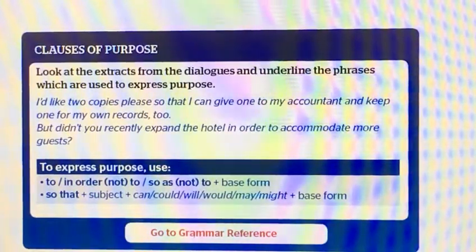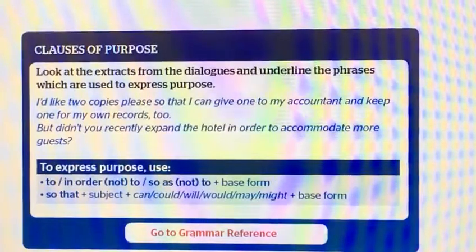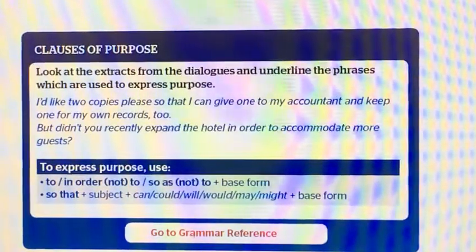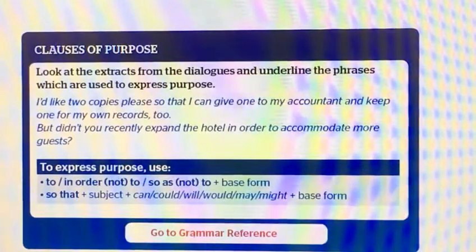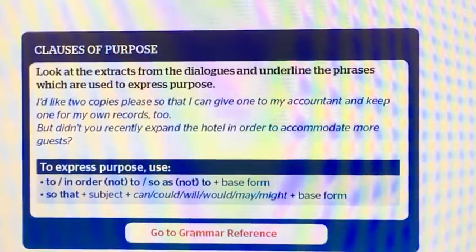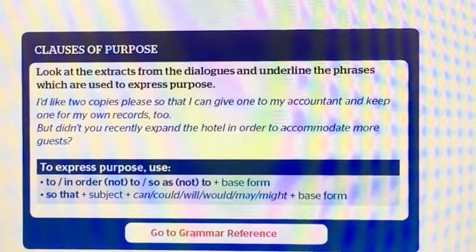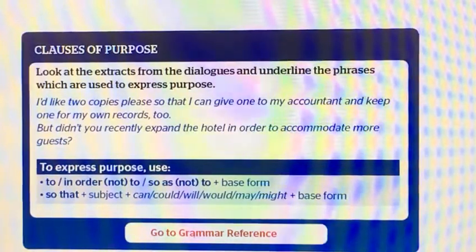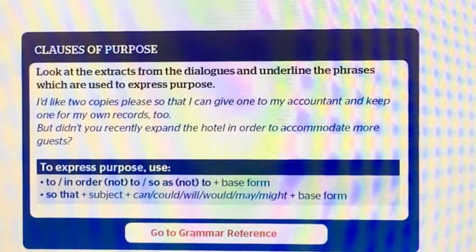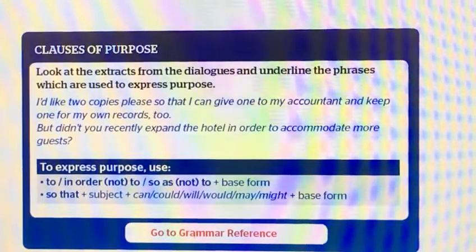The burglar wore gloves so as not to leave any fingerprints. Listen again. The burglar wore gloves so as not to leave any fingerprints. You can go to grammar reference on page 145 for more information.